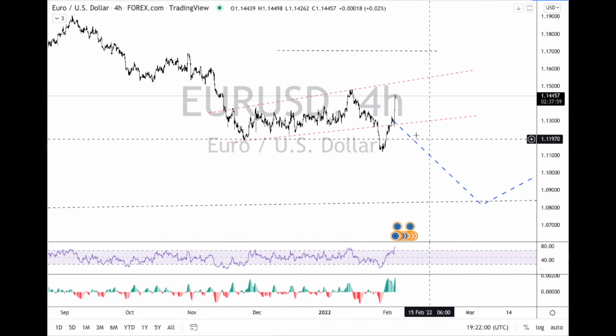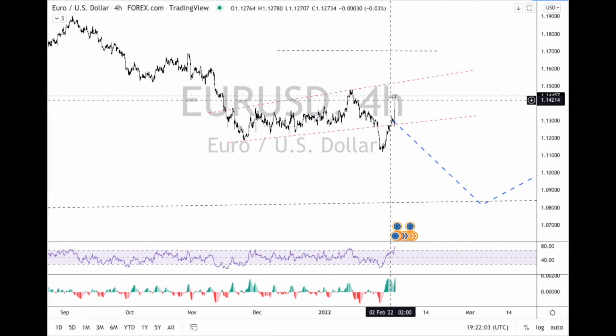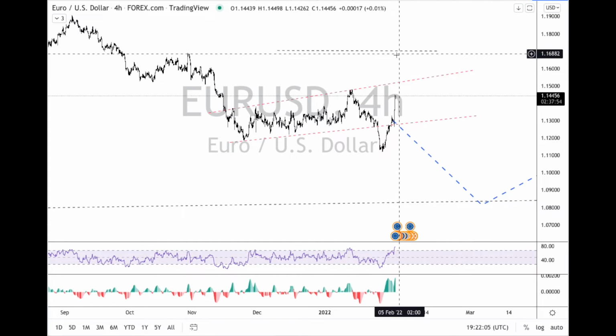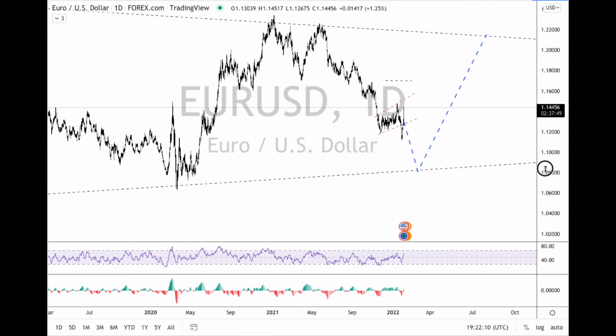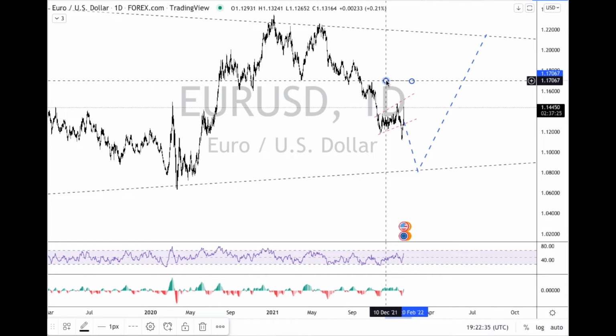Breaking this level is one potential sign of saying, okay, I think it's breaking to the upside, but let me just do this a bit bigger. Yeah, I would say it needs to break above this level right here to be considered an uptrend. It needs to break this level right here in order for us to even consider this an uptrend.